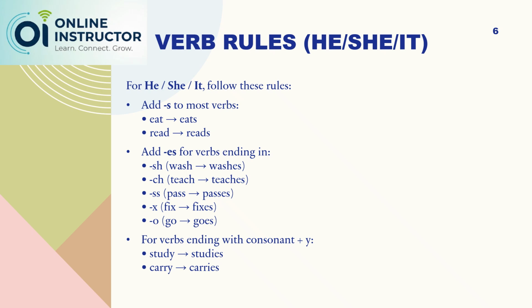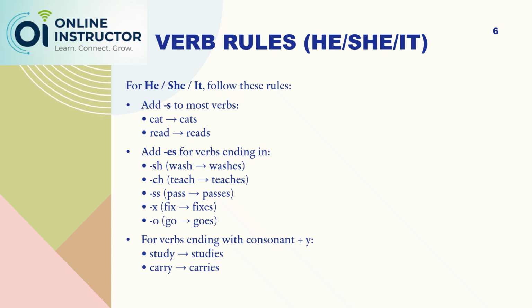And the rule number 2, add es for verbs ending in sh, ch, double s, x and o. For example, wash, washes, teach, teaches, pass, passes, fix, fixes, go, goes.